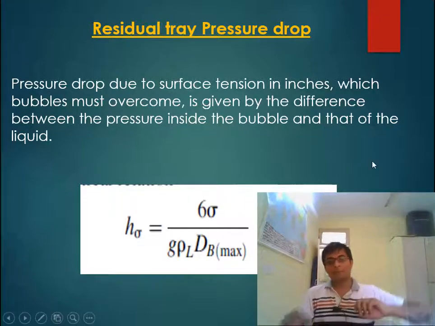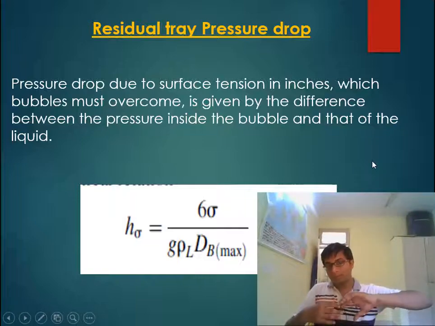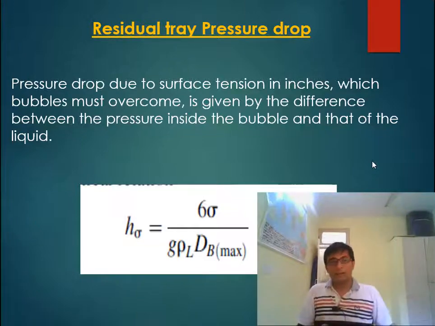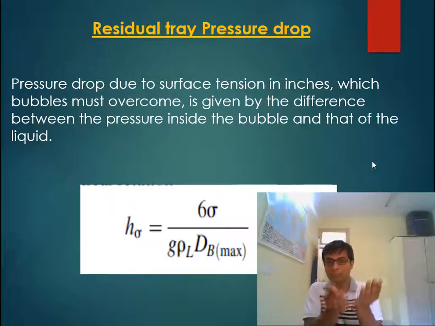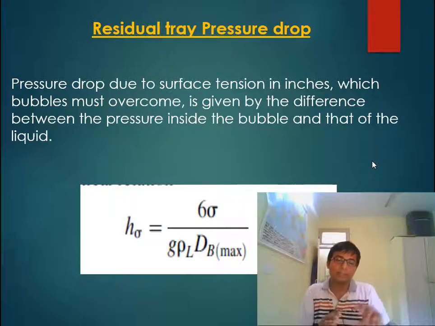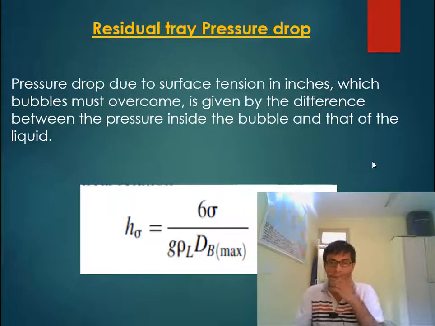So what happened? The bubble, which has higher pressure, loses that higher pressure when it crosses the liquid, because now the vapor is in a continuous phase, there is no bubble, so there is no excess pressure. So we can think that the pressure has been reduced because of this surface tension.